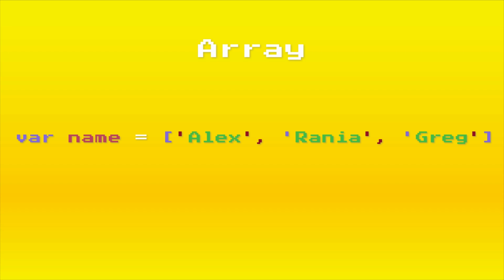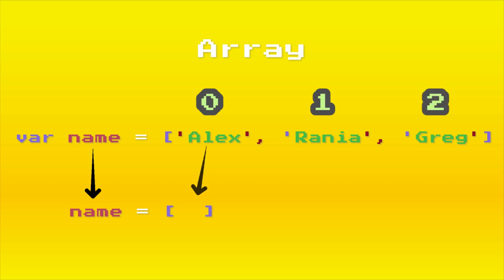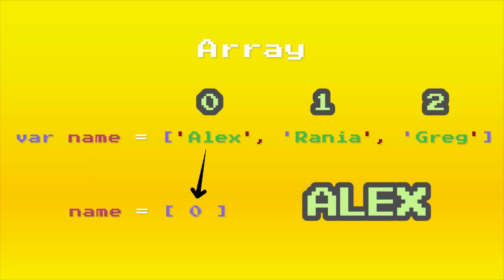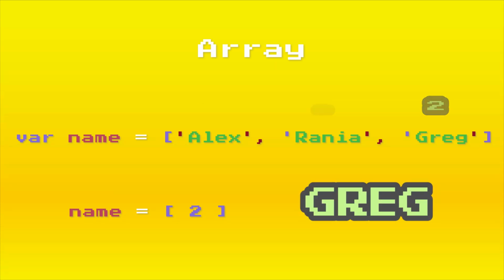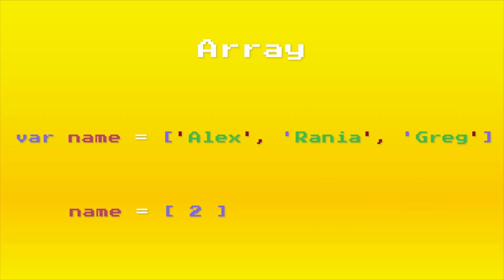For example, if we write the index 0 of the array, it gives us the name Alex. Write our array name, then index 0. The result is Alex. If we change the index to 2, can you guess the result? It is Greg. You can store functions, numbers, text and other objects inside an array.